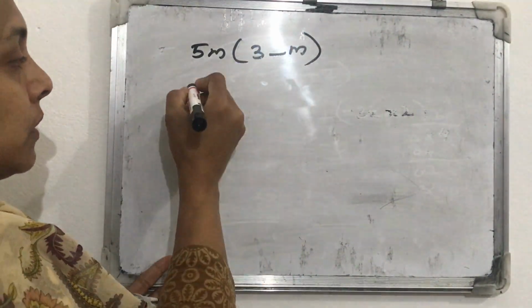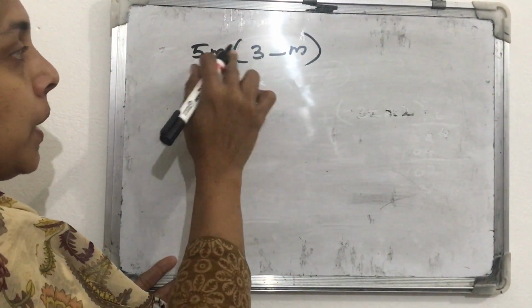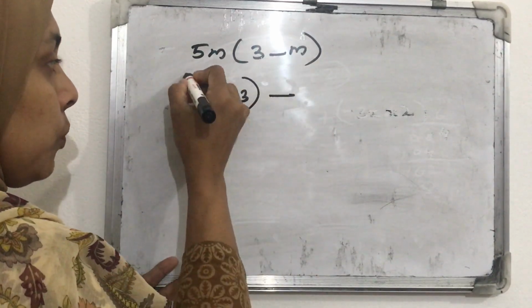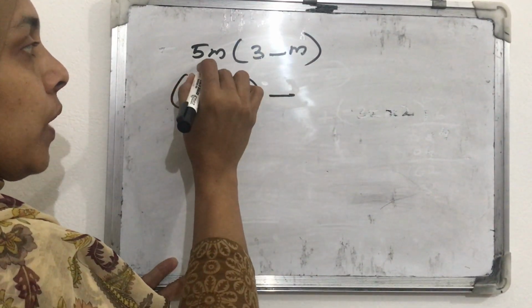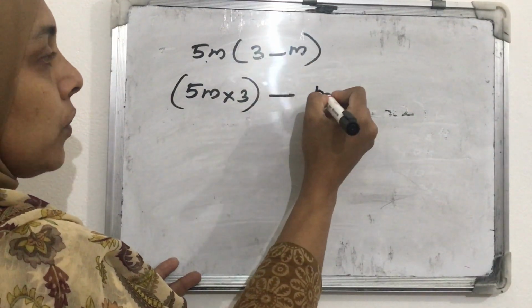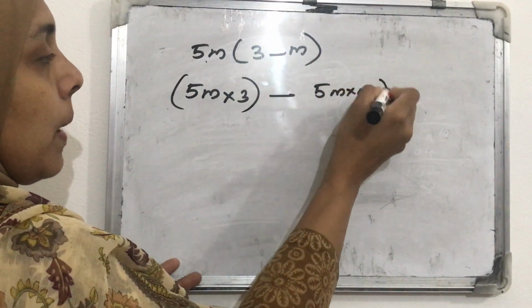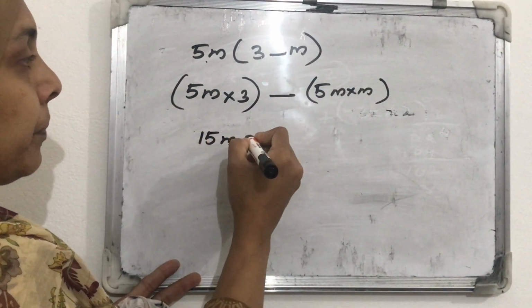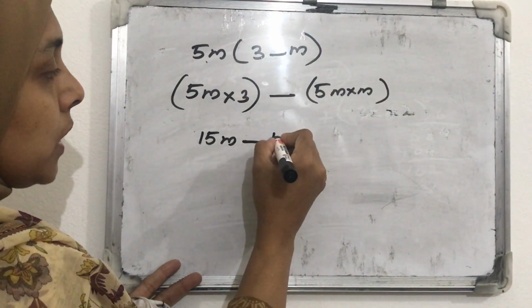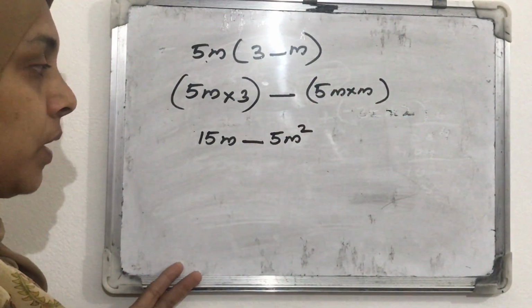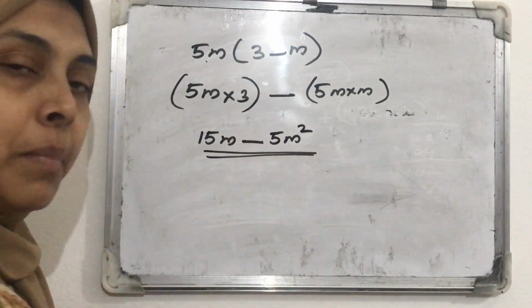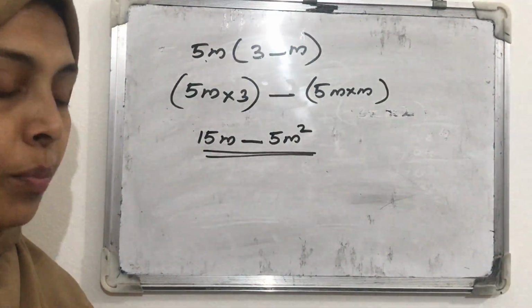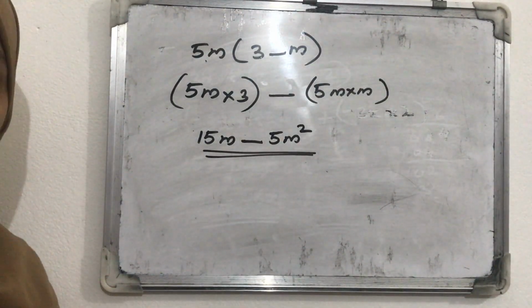First we multiply 5m with 3. 5m into 3, and the sign is minus here, so put it in a bracket, then write this sign. Next 5m multiplied with m. So 5m into 3 is 15m, minus 5m into m, it is 5m square. So the answer is 15m minus 5m square. This way we can multiply any monomial with a binomial. Okay. Thank you.